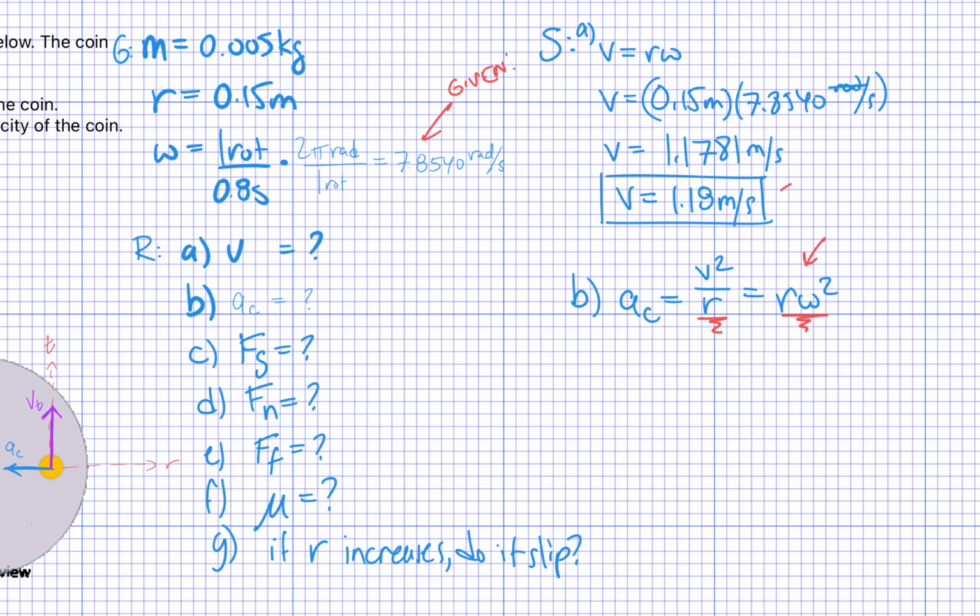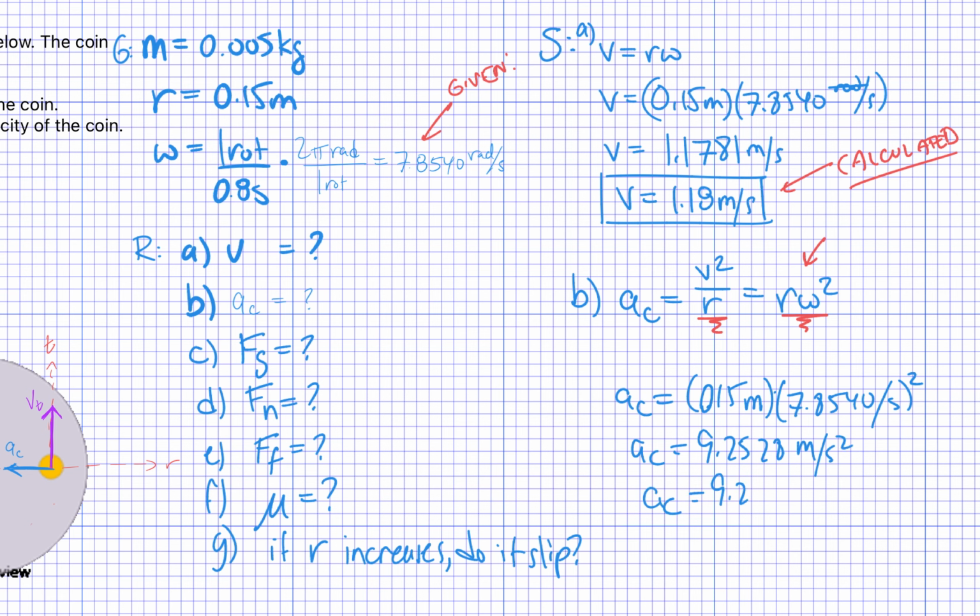So my radius is 0.15 meters, and my omega is again 7.8540 rads per second. I'll square that, and my AC will be equal to 9.2528 meters per second squared, which I will round to 3 sig figs to be 9.25 meters per second squared. Now note that the direction of that one is inwards, but we didn't ask for the direction, just wanted the magnitude.